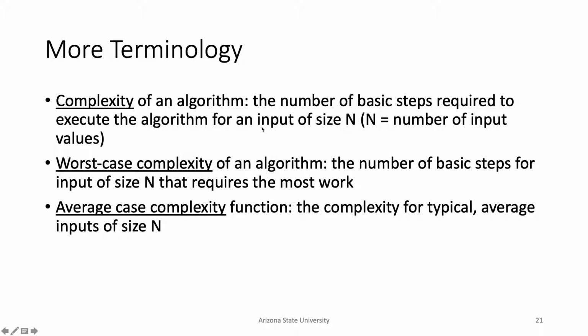Again abstracting the details away, we're going to be looking at inputs of size n. You can think of this as a list with n elements in it. So if I feed you a 10 million element list, then n is what?